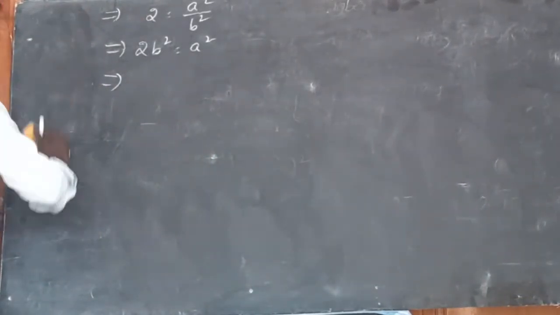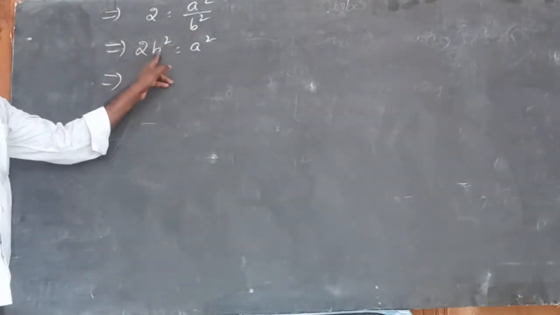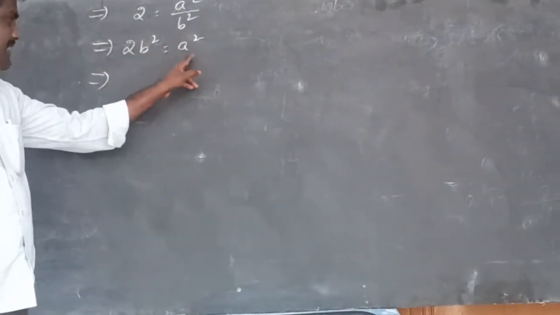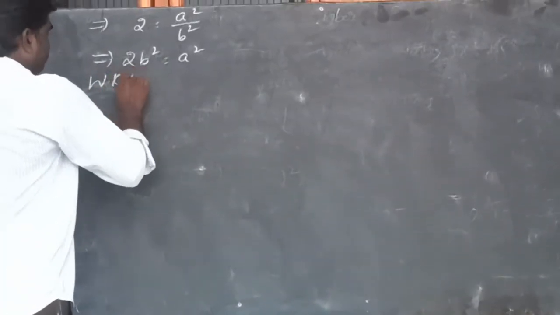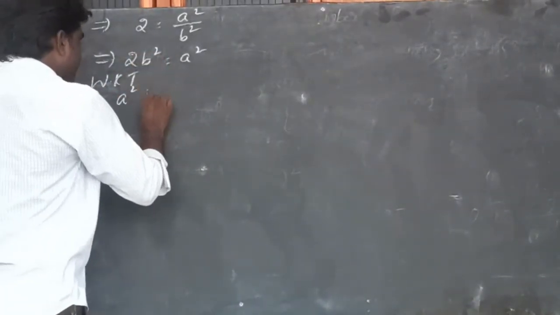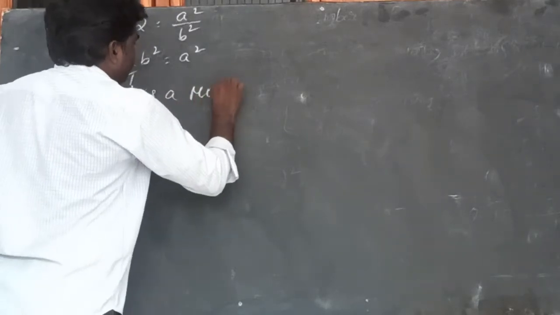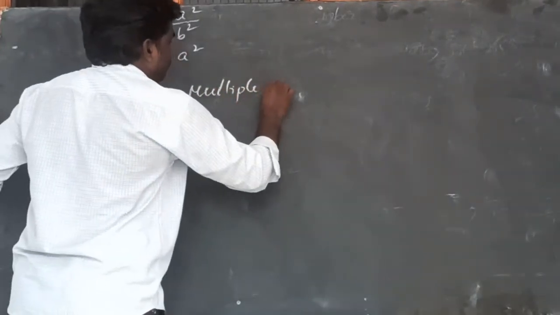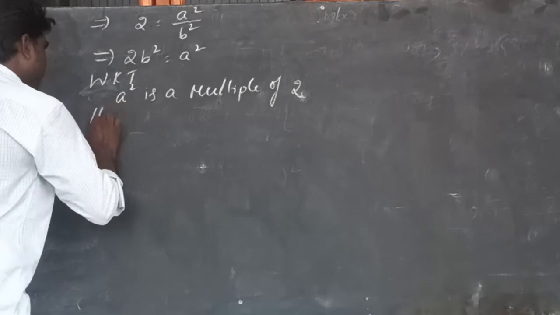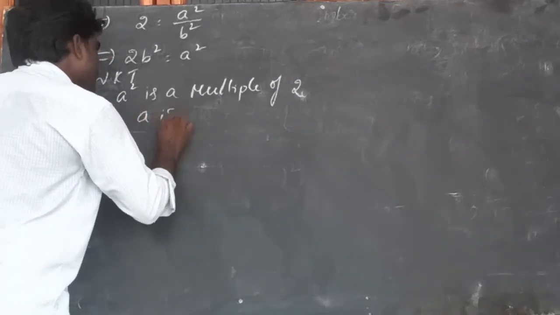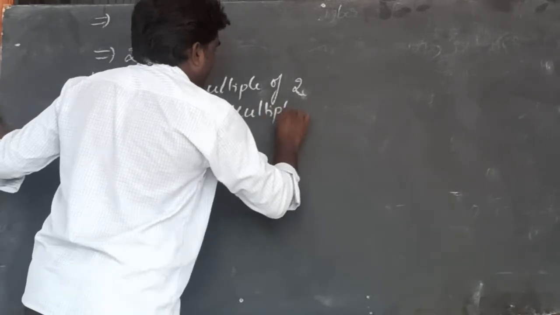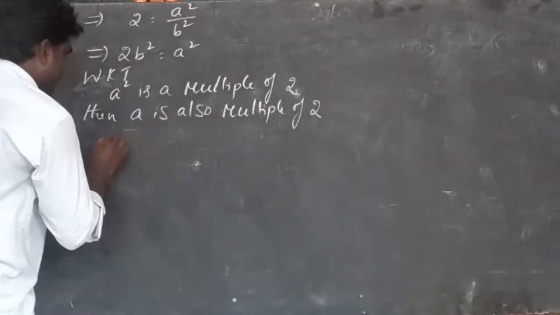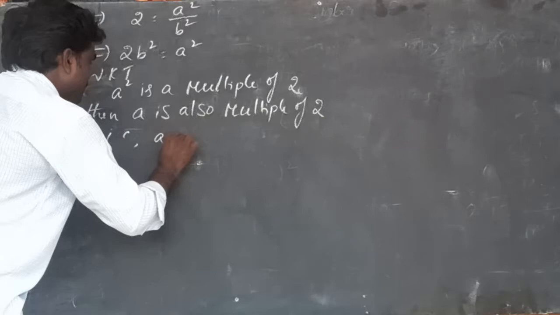So here, 2b square is equal to a square. That means a square is a multiple of 2. Okay, we know that if a square is a multiple of 2, then a is also a multiple of 2. Okay, that is, a is equal to a multiple of 2.